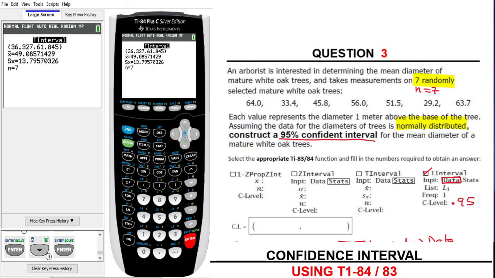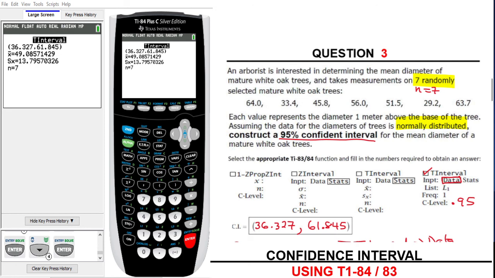So here we would see that the lower confidence limit is 36.327, and then the upper is 61.845. All right, so that is how we can use the T interval with raw data to find the confidence interval when the sample size is less than 30.